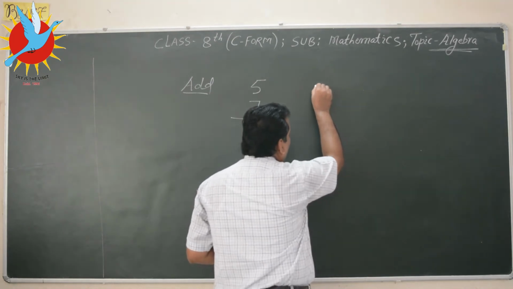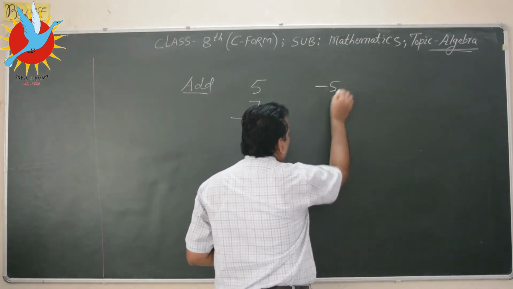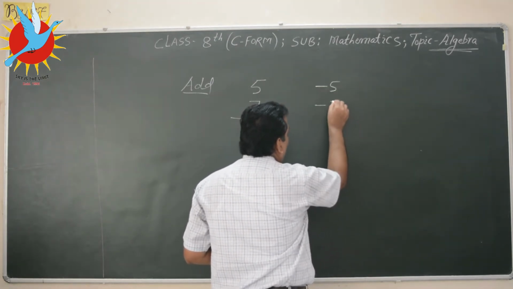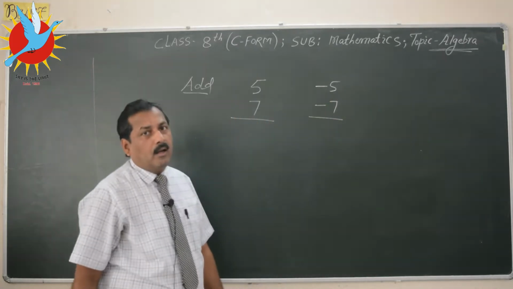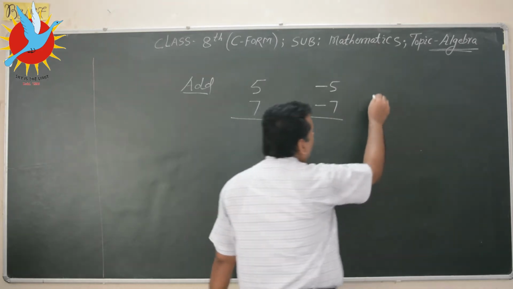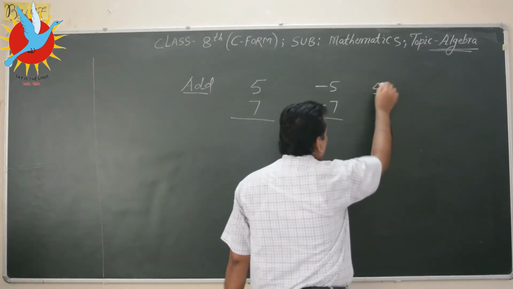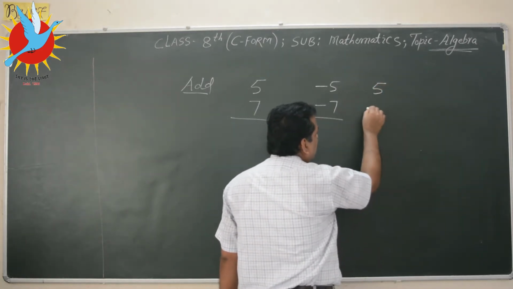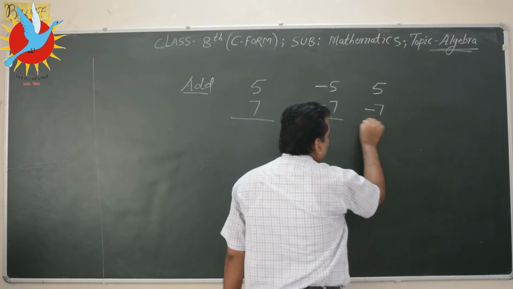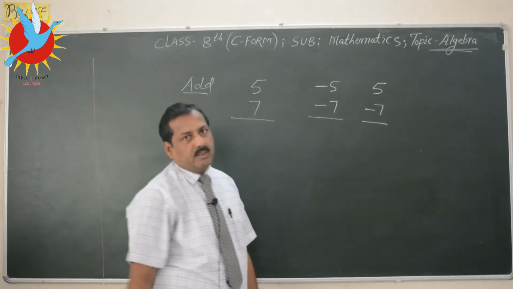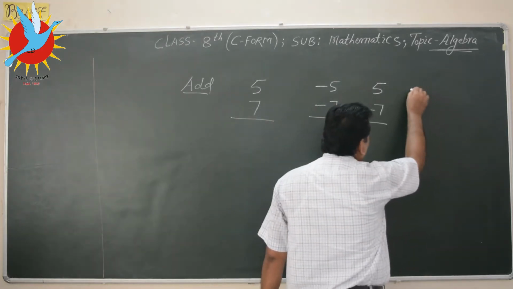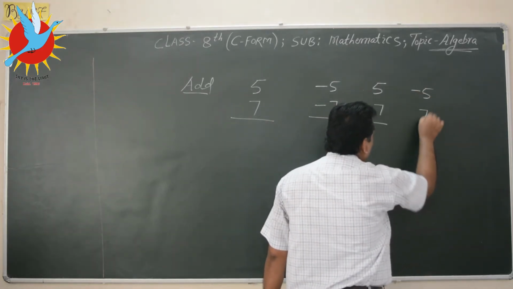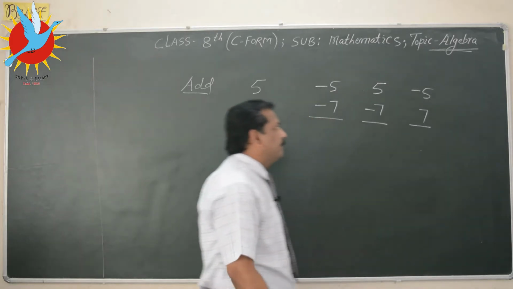This is minus 5 and minus 7, and these two numbers are also to be added. Another example, this is plus 5 and this is minus 7. One more example, this is minus 5 and 7. These two are to be added.